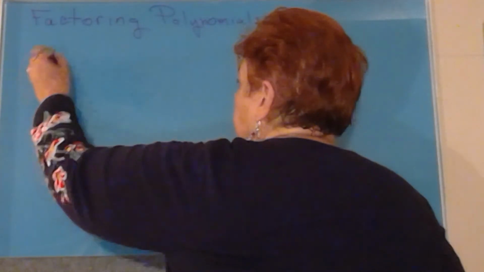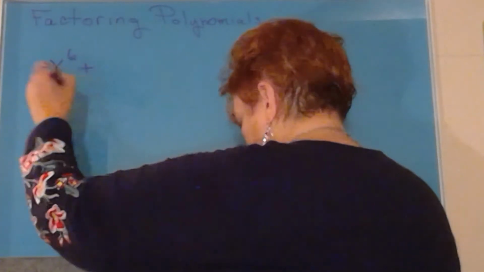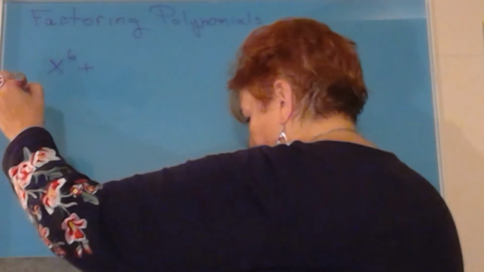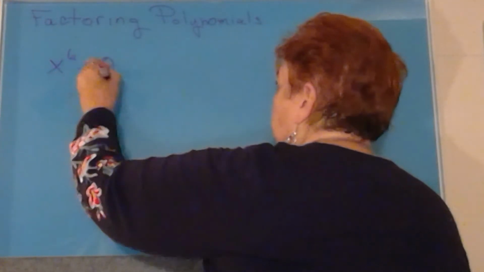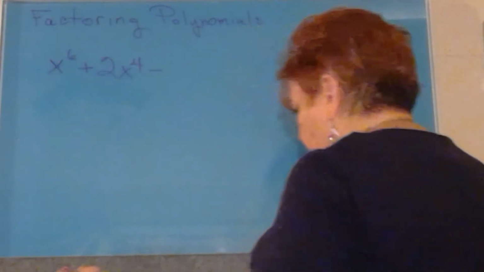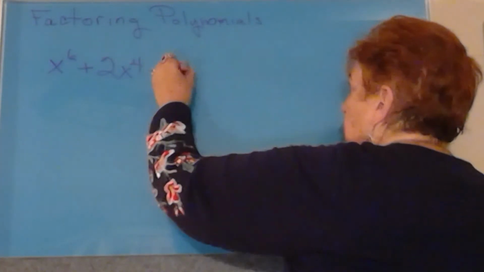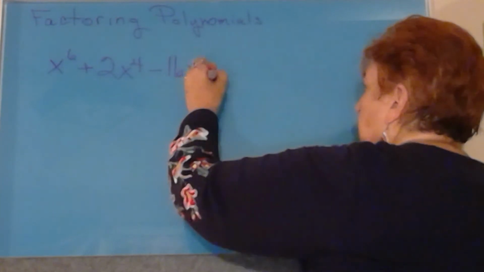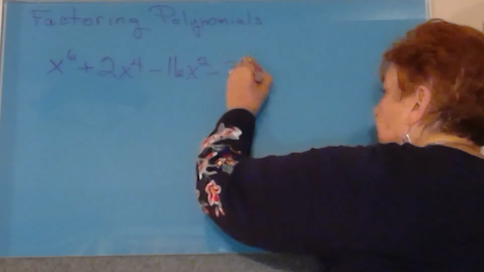We have x to the 6th plus 2x to the 4th minus 16x squared minus 32.